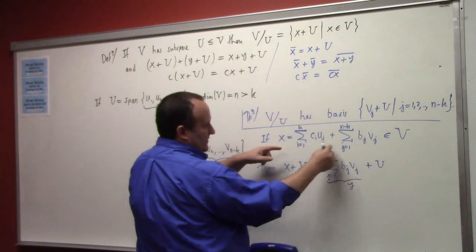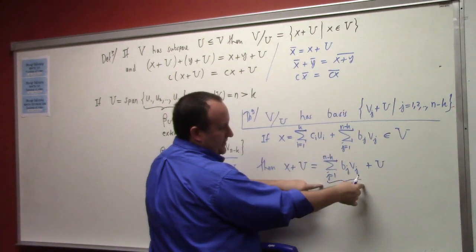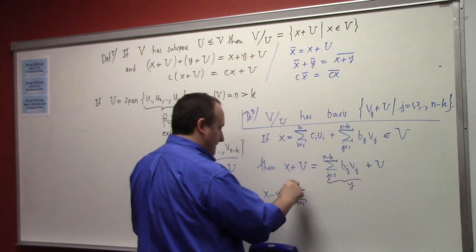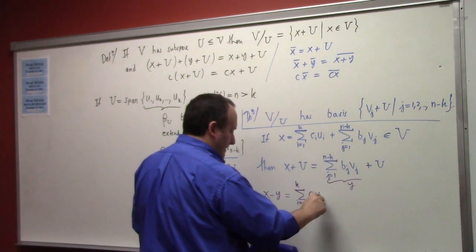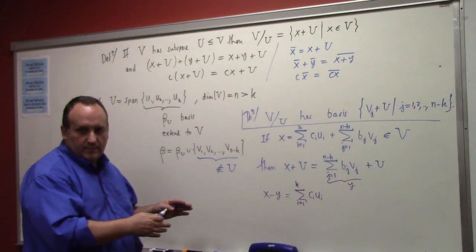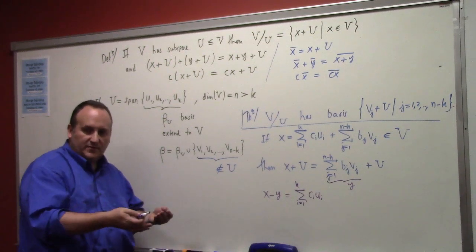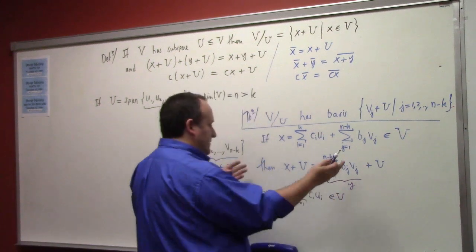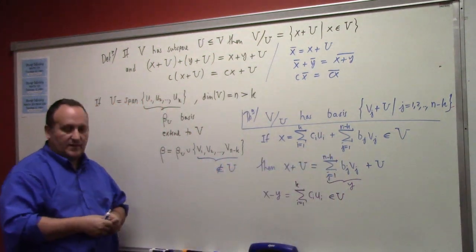So if I take all of x and subtract off that piece, I'm left with an element of U. So the difference of x and y is in the subspace, which means that that's the same coset. All right, great.